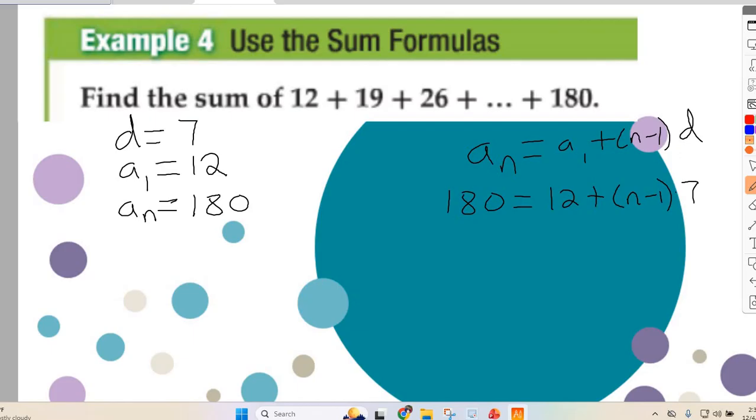Is 180 the n because it's the last one? Correct, yeah. So a sub n represents the one that you're going to. Okay. Right. So then what do we want to do?